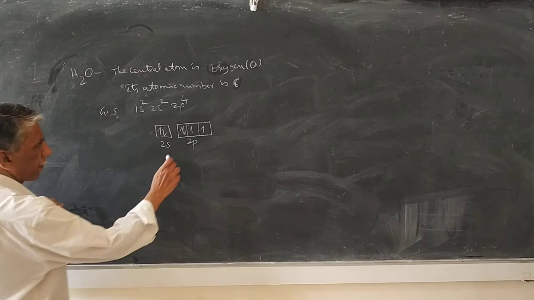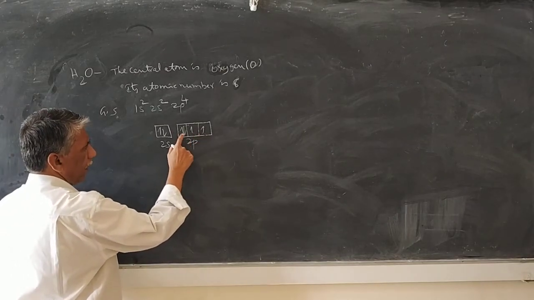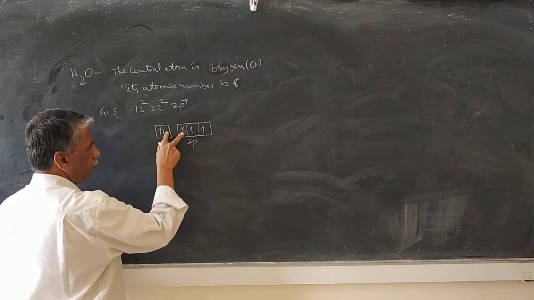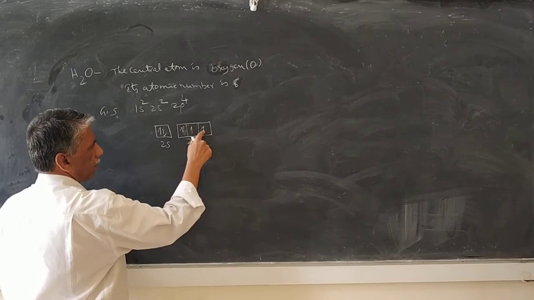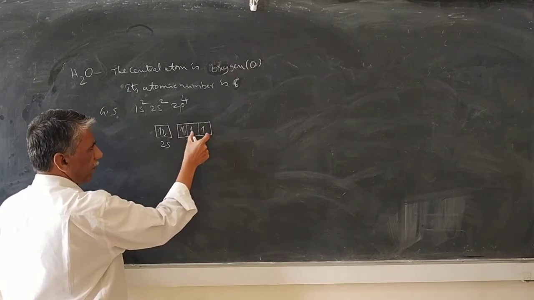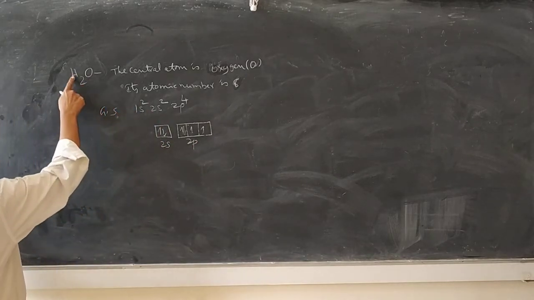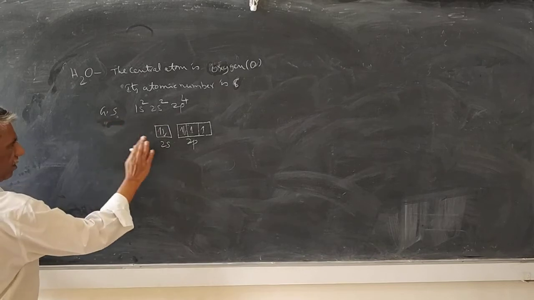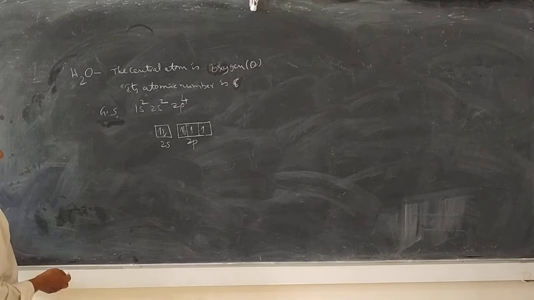You can see here we have two lone pairs and two unpaired electrons. These two unpaired electrons are sufficient to combine this oxygen atom with two hydrogen atoms. Therefore the ground state is sufficient, and one should not consider the excited state.